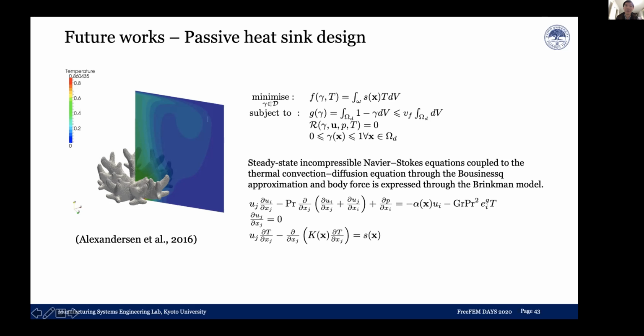So to get such a high resolution result, they have to use a supercomputer with over 1,000 processes. So we will see if we are able to solve a similar problem on a standard workstation. And we will manufacture the metal-based prototype and do the numerical experiment using FreeFEM, PETSc, and MMG.